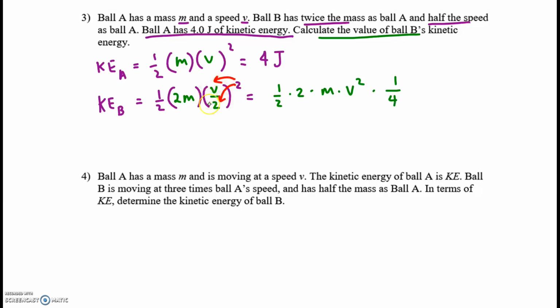So I'm breaking up the fraction. I'm saying v over 2, and I'm writing that as v squared times 1 over 2 squared. Or I'm writing it like this also, v times 1/2, then I'm distributing the squared this way.